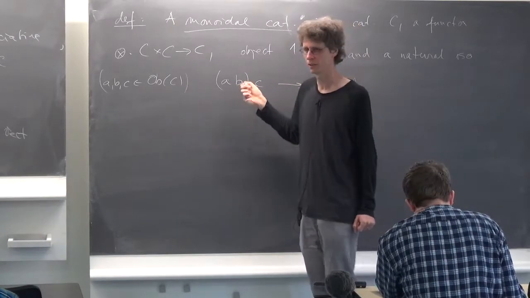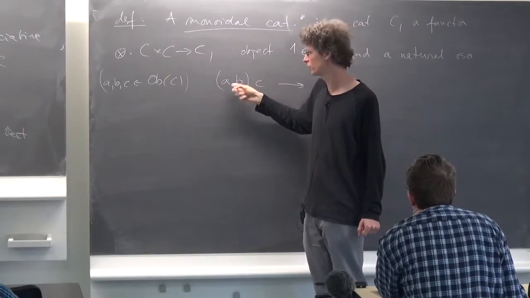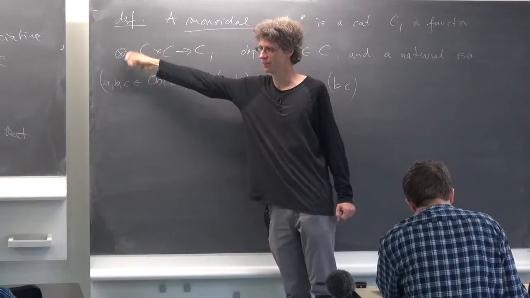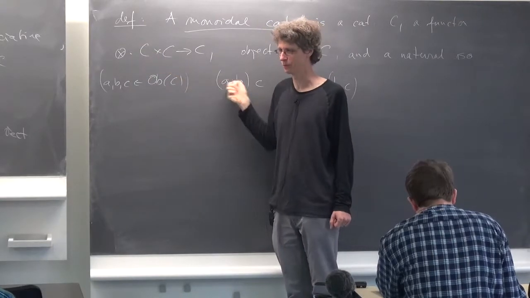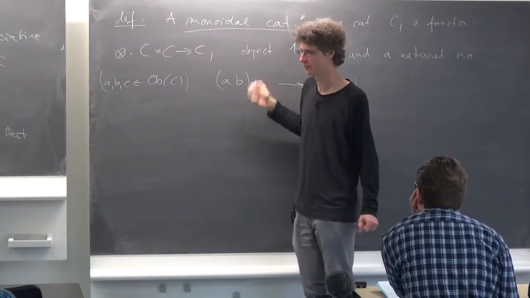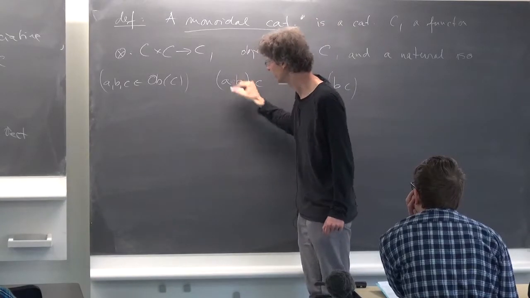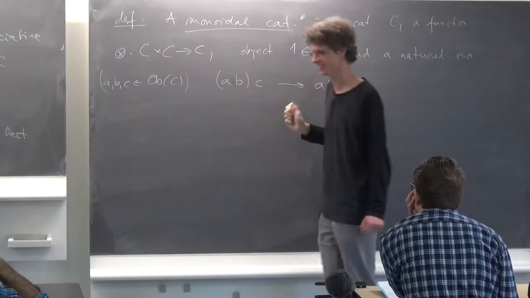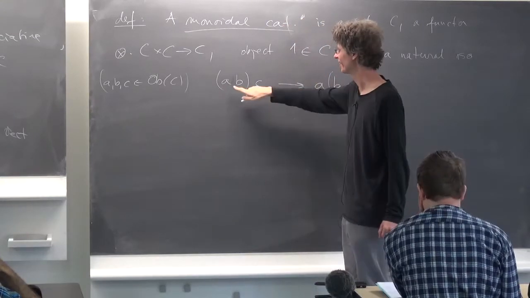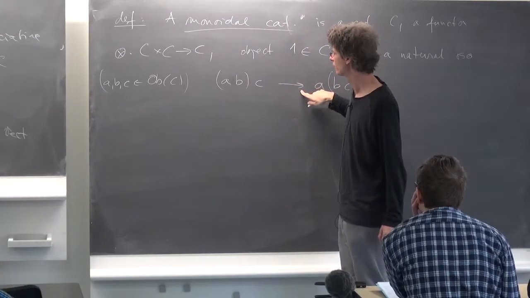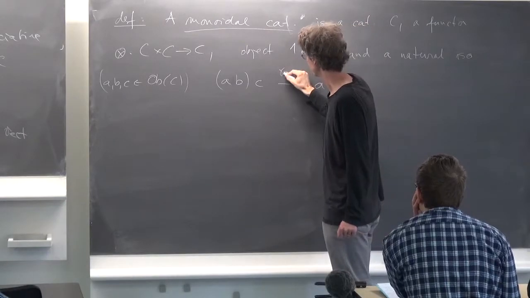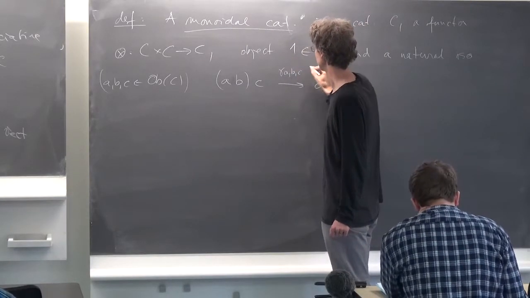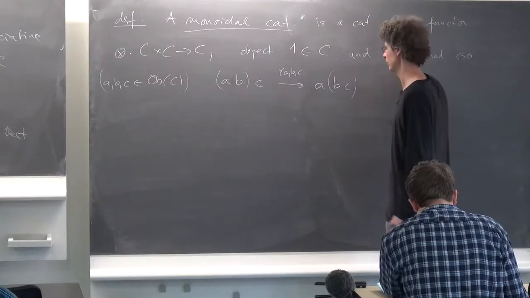I already, at this early stage, stopped writing those tensor products so that you get used to it, because I'm just too lazy to write them all the time. So we want to have a natural isomorphism denoted gamma A, B, C. What does it mean, a natural isomorphism?